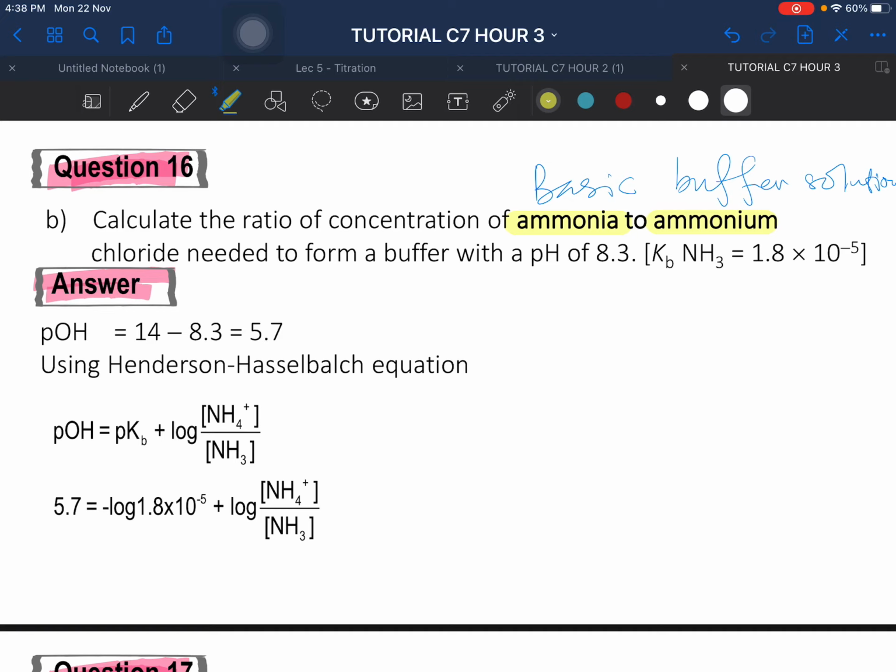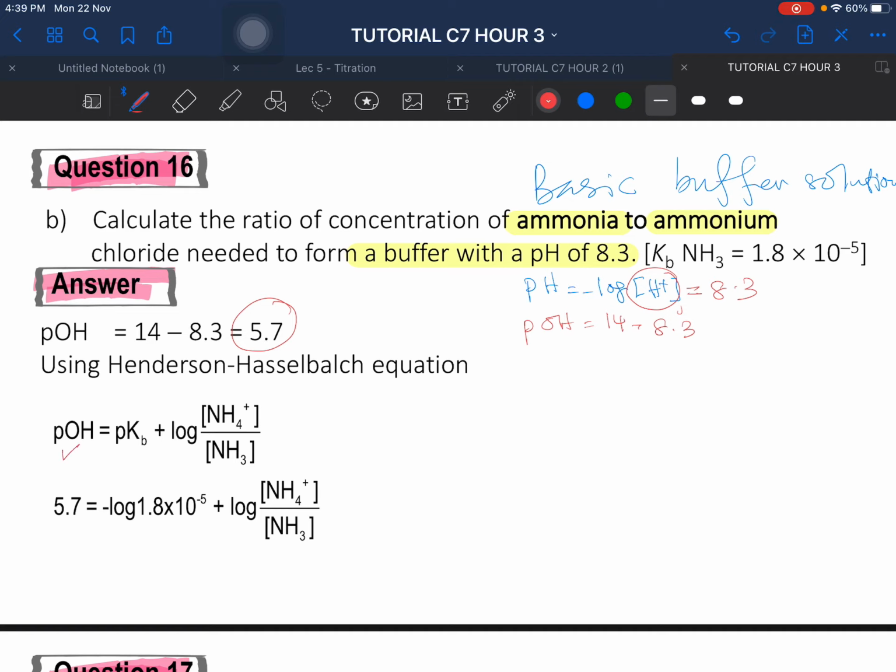So given the pH of the buffer is 8.3, and pH is equal to negative log concentration of H plus. However, this buffer doesn't have the concentration of H plus. So since the pH is 8.3, we can find the pOH, which is 14 minus 8.3, so the pOH is 5.7.